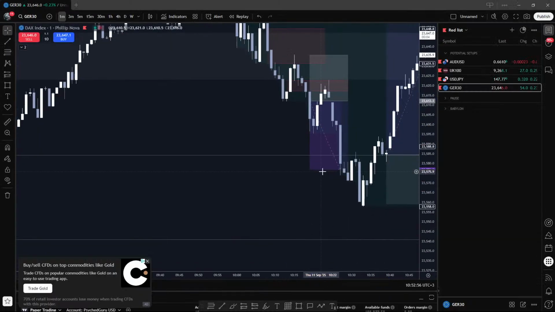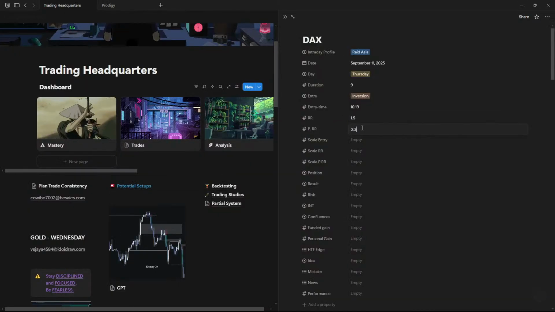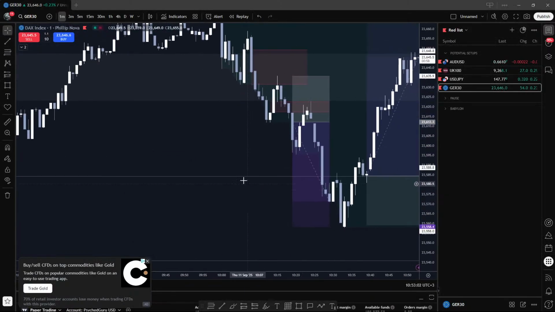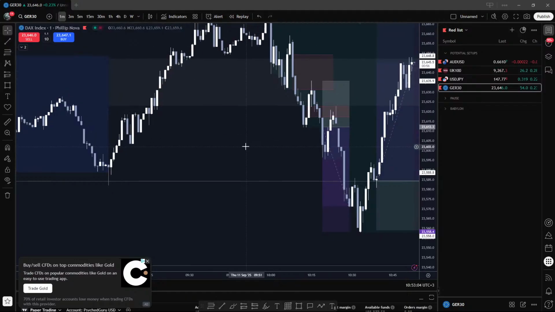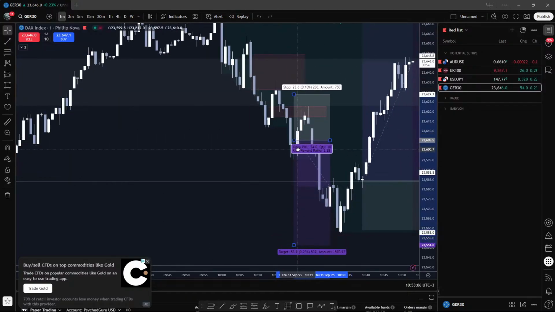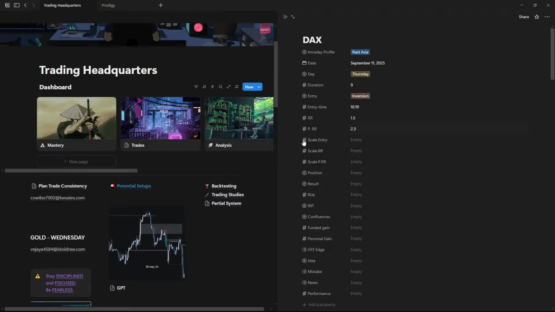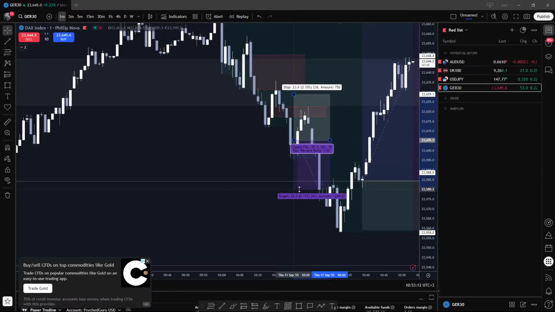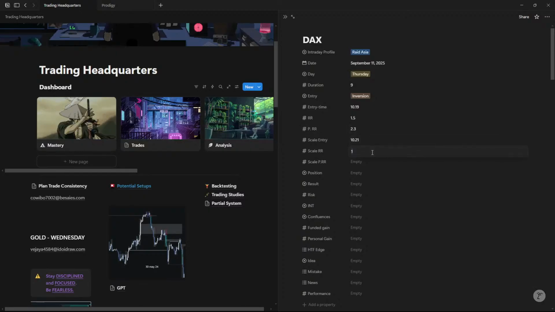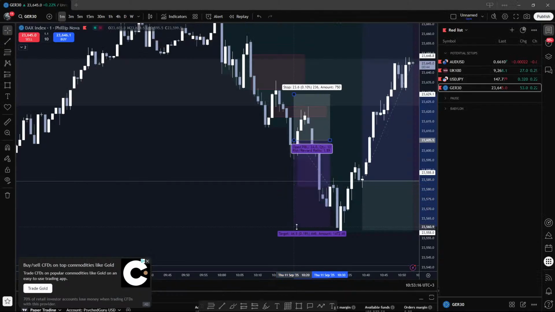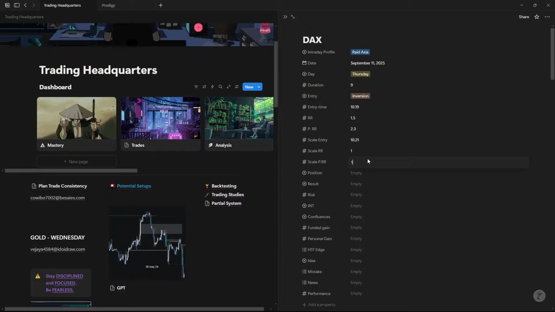1.5. We could have looked at a 2.3. Scaling entry. Where did I scale in? Oh, here. Scaling entry 10:21. Scaling R 1. And scaling potential 1.2.